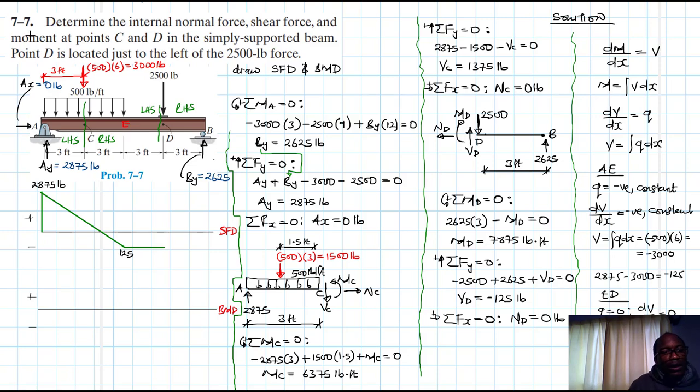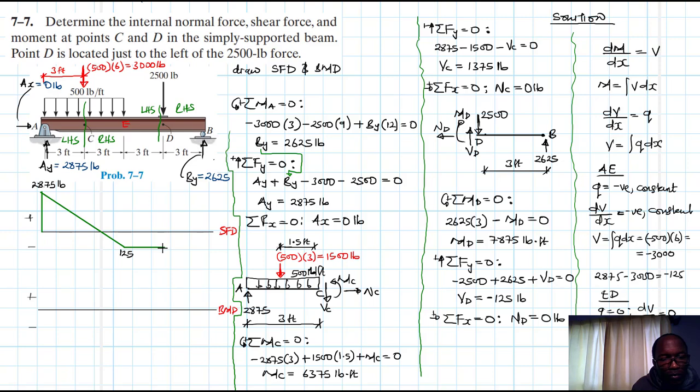Then the moment we reach D, the two are going to interact. At D we have minus 125, then minus 2500. What do we get? We get a minus 2625. So we need to move down by that value.